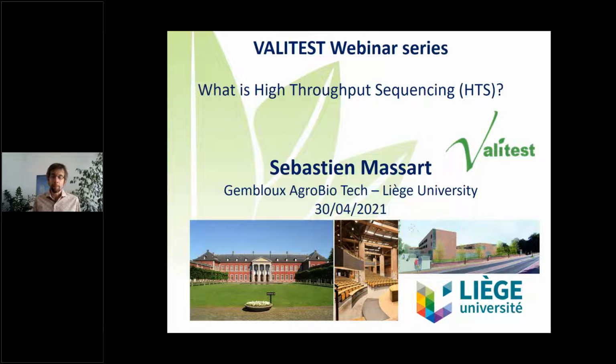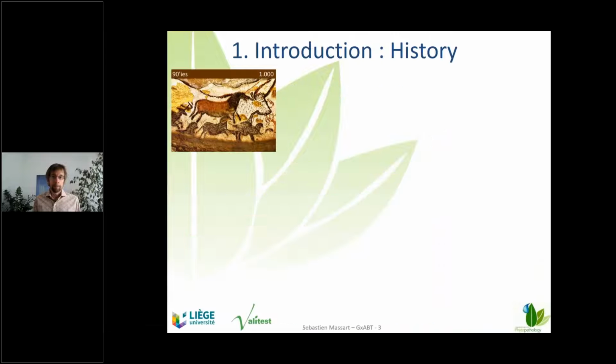What is high-throughput sequencing? Before going into high-throughput sequencing itself, let's look at a bit of history of where we come from, which allows us to understand better where we are and how we can harvest the technological evolution. Here is a prehistoric painting representing sequencing in the 90s.